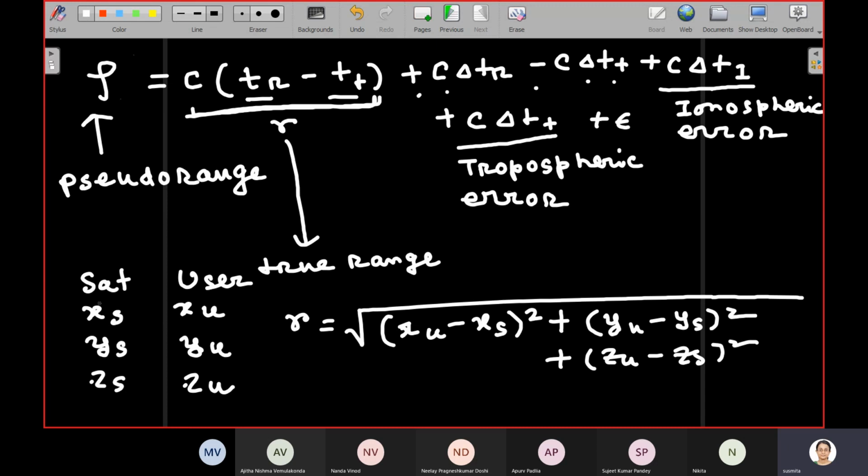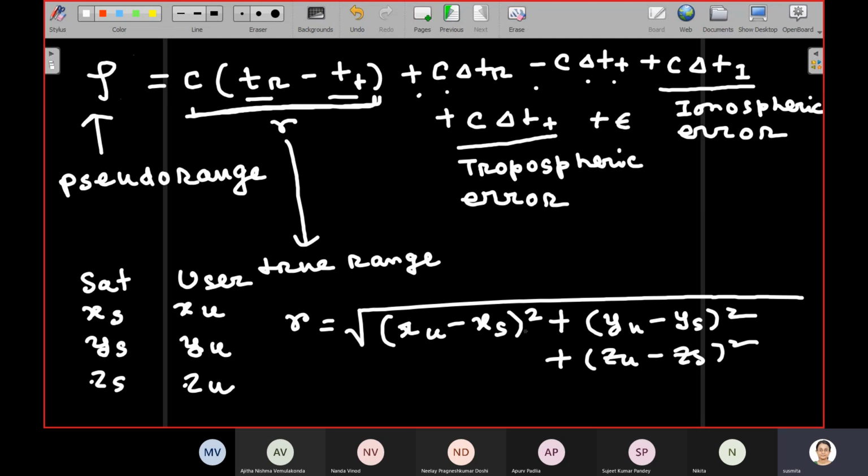Satellites transmit their orbital elements in the navigation data. The user receiver has the required algorithm to determine the xs, ys, and zs coordinates of the satellite at different times from the orbital elements. So once we correctly identify a satellite, the satellite position is known. Now in this range equation, the only unknowns are the user coordinates xu, yu, and zu.